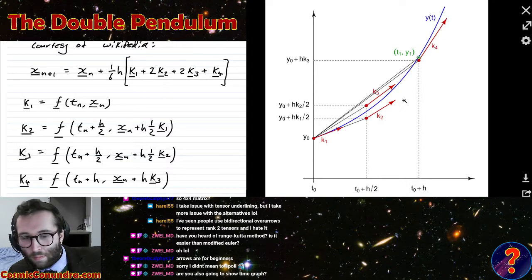But you're not adding additional time steps. You're doing this in between the time steps. So for every time step, you're evaluating the gradient at a few different points, and finding this clever average that has 1/6 K1 plus 2K2 plus 2K3 plus K4.